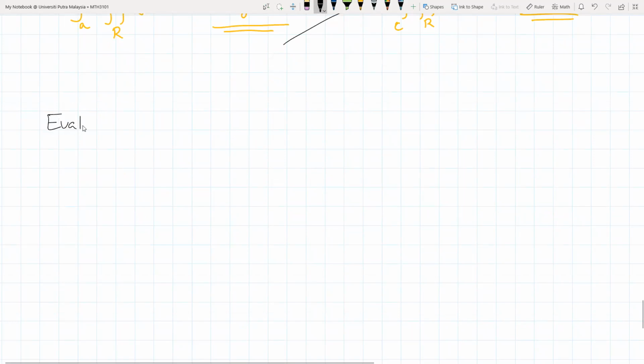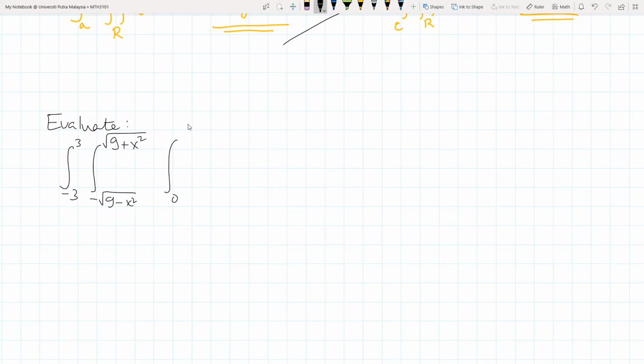Evaluate the triple integral, say from -3 to 3, from -sqrt(9 - x squared) to positive sqrt(9 - x squared), and then from 0 to 9 - x squared - y squared.